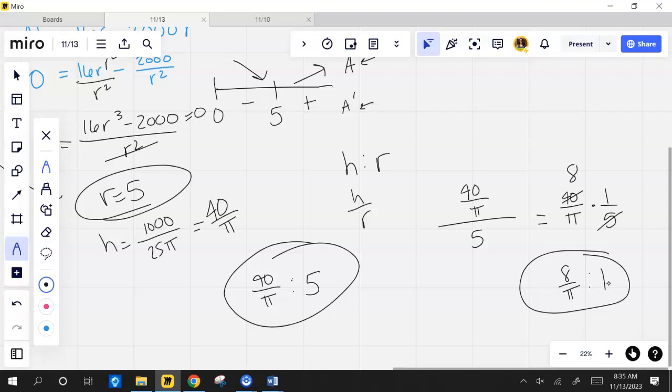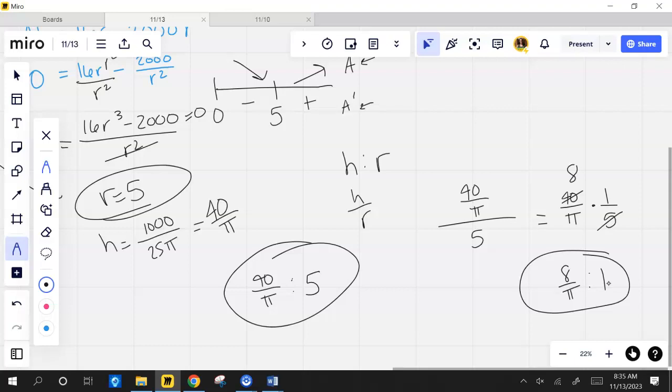Doesn't seem that bad. What do you mean? Which part? 40 divided by 5 is 8, right? Well, we just did this is exact. You want to leave the pi in there.